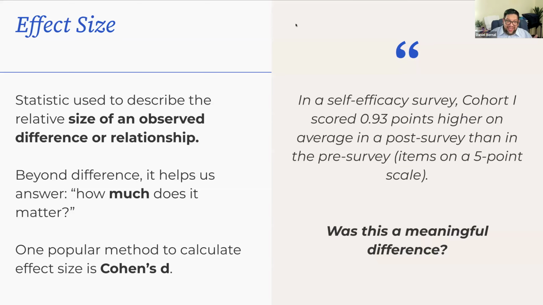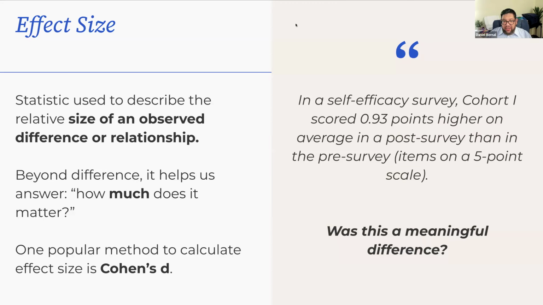With a 5 point scale, we can have an intuition about that. It's almost a point on that scale. But what if your items are on a different scale? Or what if you're using something like grade averages or something that's maybe less intuitive? So that's why we want to be able to calculate an effect size.